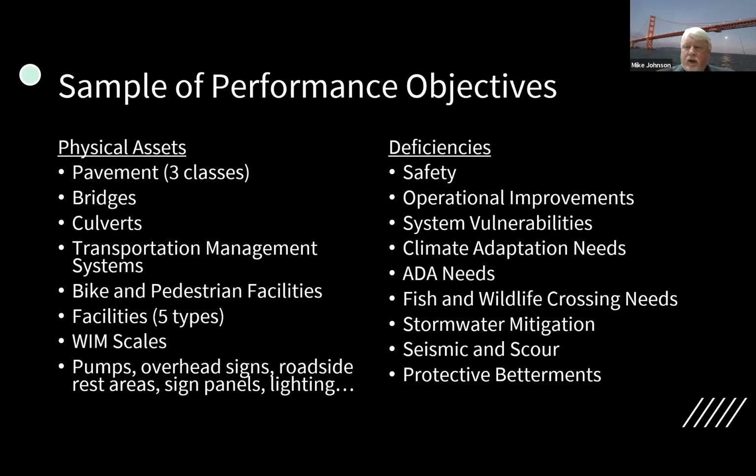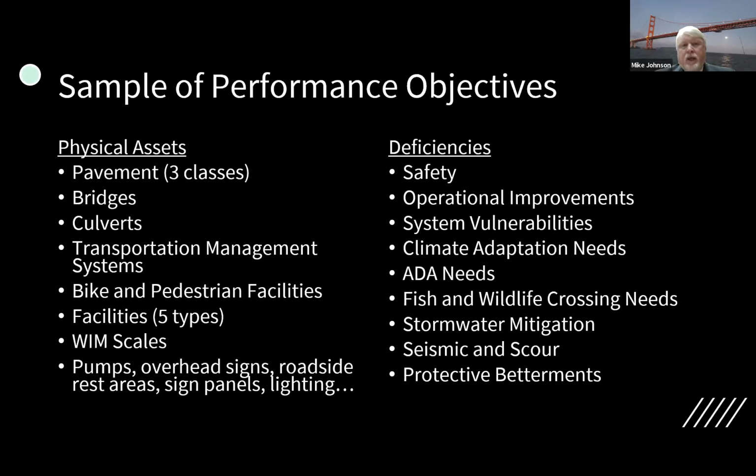And so, a deficiency is an issue with the system that you can't go touch. That would be the simplest way that I would describe it. So if we have a safety need, we want to improve our safety performance by reducing fatal and serious injuries.